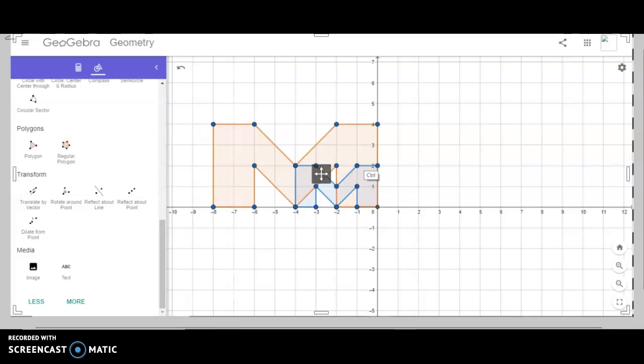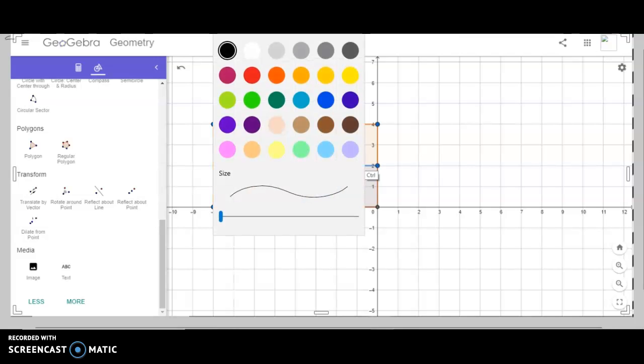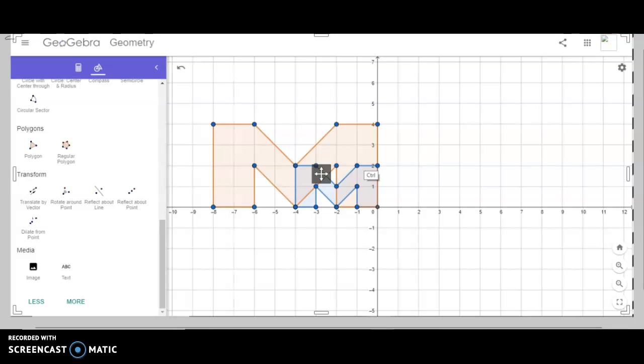Okay, so now that I have dilated my original figure M, just ignore this little control thing, and I've gotten this dilated figure, we're going to take a look at the relationship between the lengths between points on the pre-image and the image.